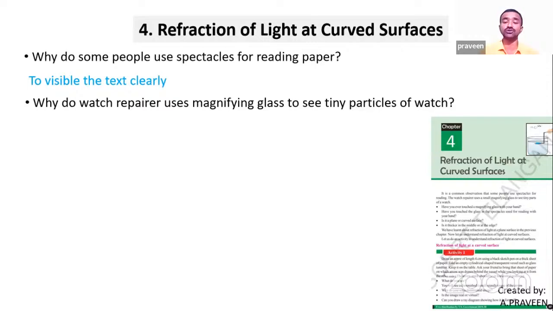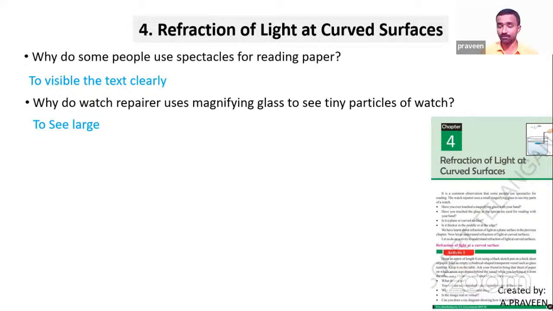Simply they can wear a glass eyepiece to see it, or they may use a magnifying glass. Why? To magnify, to see the parts enlarged in size, so that's why they are using magnifying glasses or eyepieces.